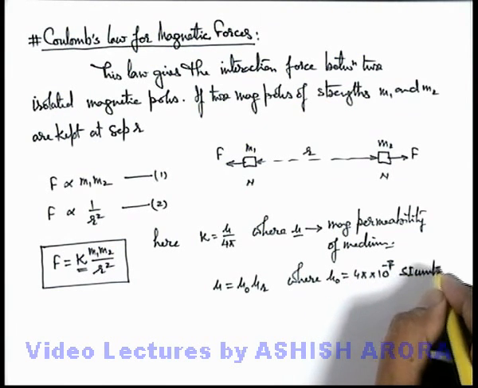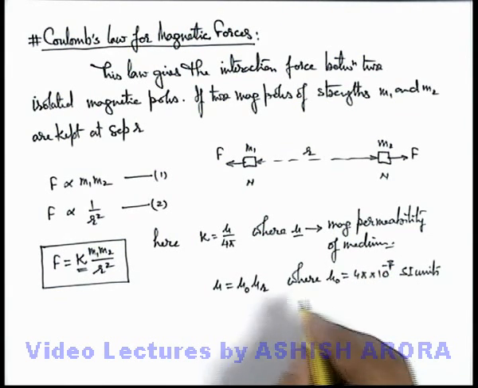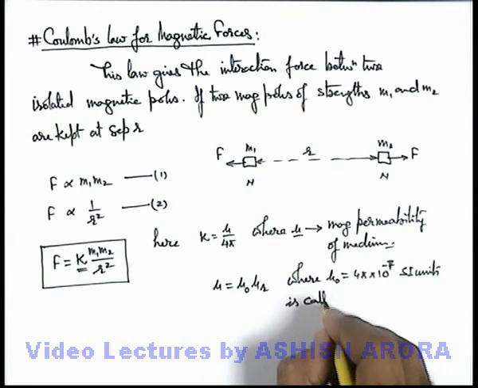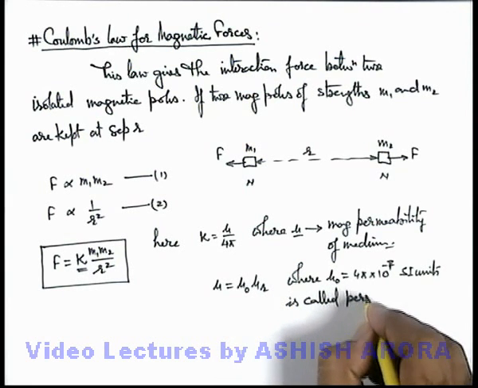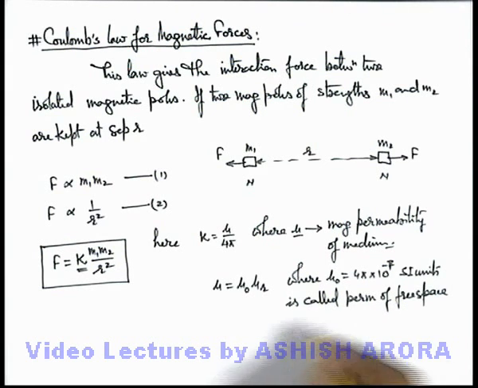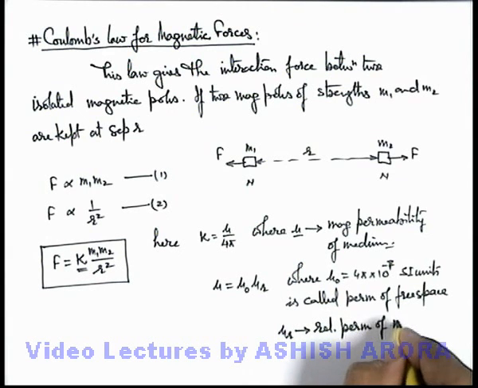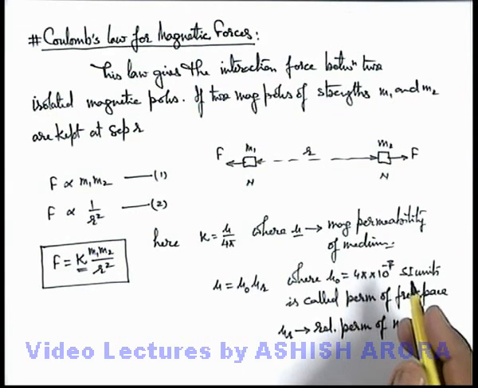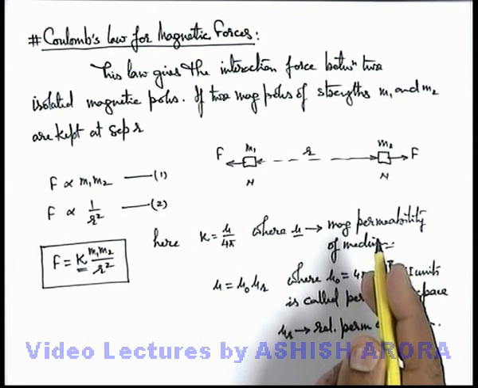Units we'll talk about later. And in this situation, this mu naught is called permeability of free space, and here mu r is termed as relative permeability of medium in which the magnetic poles are kept, in which we are analyzing the interaction force.